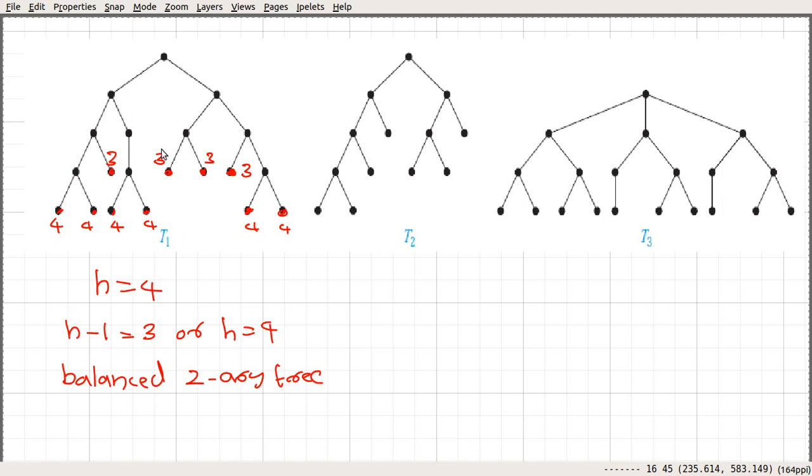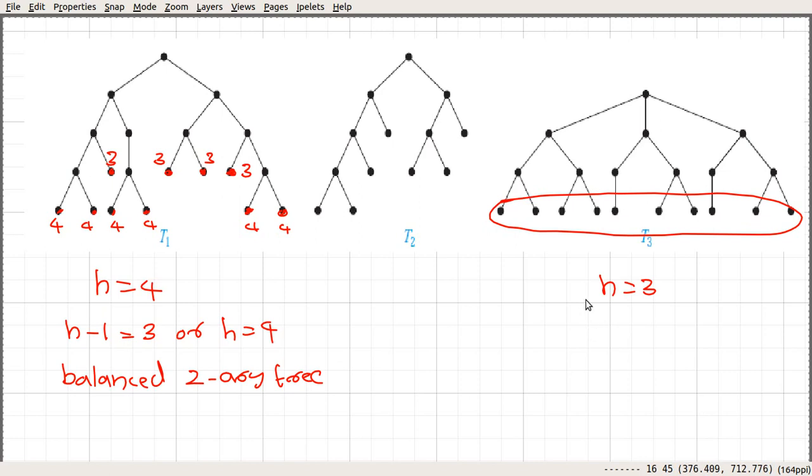So it's a 2-ary tree anyway, each internal node has less than or equal to 2 children. Now if you look at this particular tree, the height of this tree is 1, 2, 3, and all the leaf nodes are at level 3. So it satisfies the condition.